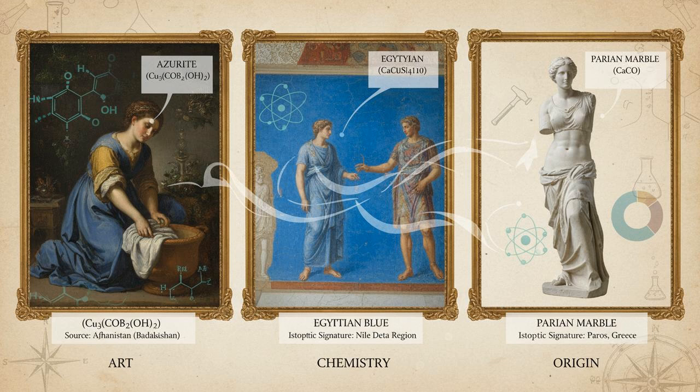Pentelic marble, used for the Parthenon, has a unique carbon-to-oxygen ratio overlap. This helps museums reassemble fragmented statues, perhaps matching a head in London to a torso in Rome, and detect forgeries. If a Greek kouros is carved from 19th century Carrara marble quarries that were not open in 500 BCE, it is instantly revealed as a fake.